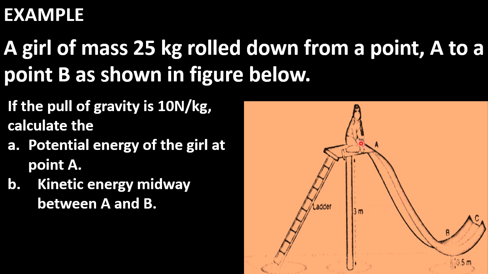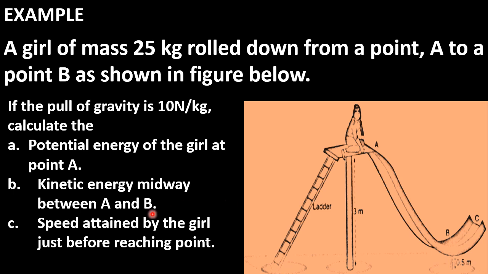As she's sliding, there is energy change from potential energy. The potential energy is now changing to kinetic energy as she is sliding. So half of the potential energy she has there will be kinetic energy midway.